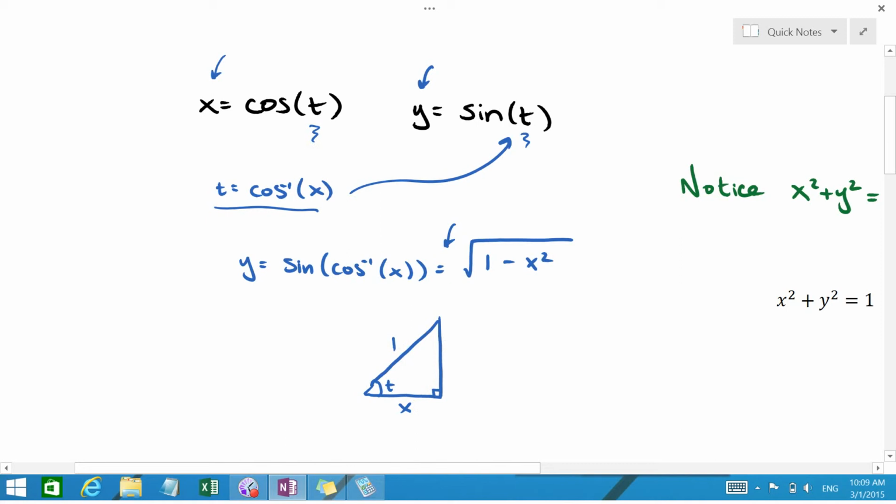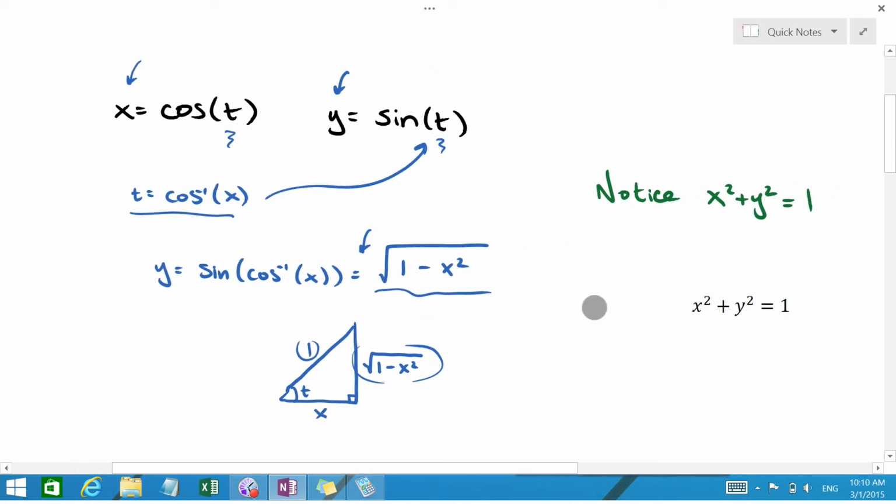I mean, x divided by 1 is just x. But then that would force this side by the Pythagorean theorem to equal the square root of 1 squared, which is just 1 because that's the hypotenuse, minus the other side squared, which is x squared. So that when you take sine of t, well, because t is cos inverse of x, sine of t would just be opposite over hypotenuse, and that's where that comes from.